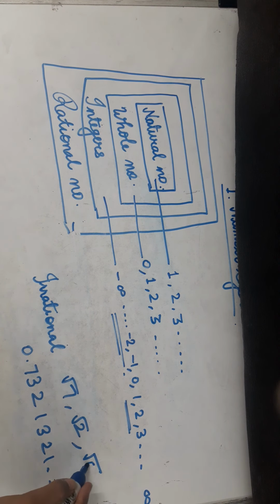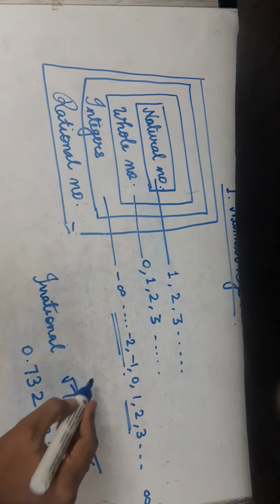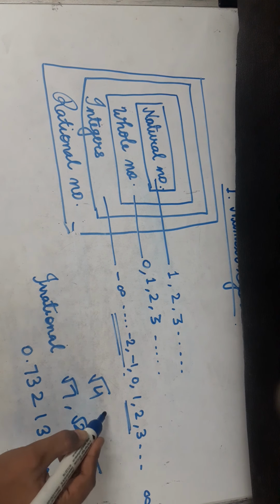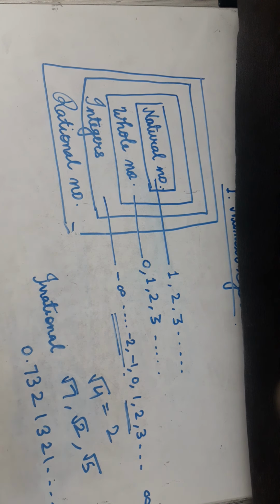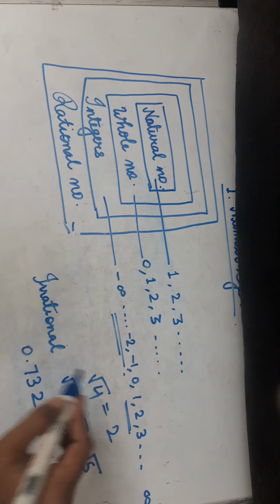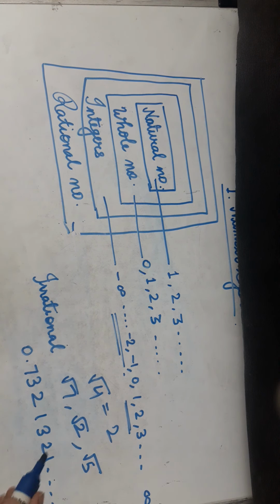Then root 7, root 2, root 5. Now every number with a root is not irrational. Okay. Now if I write root 4, it can be written as 2, no? 2 is what? Rational. So you have to check what is there inside. If inside the root it's a perfect square, then it cannot be irrational.